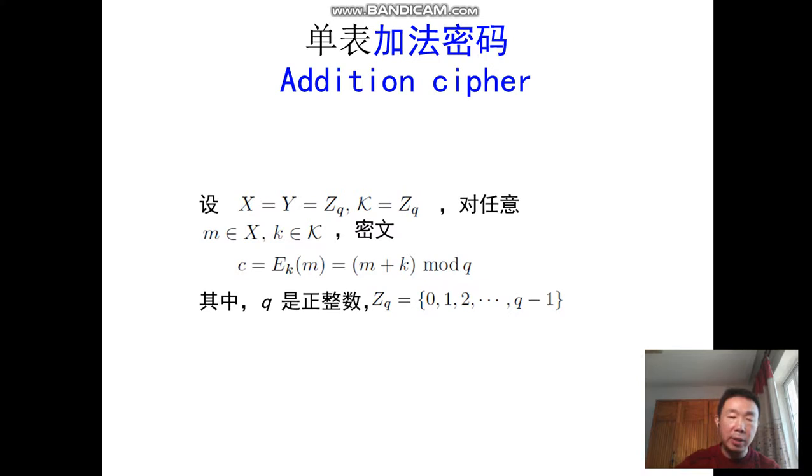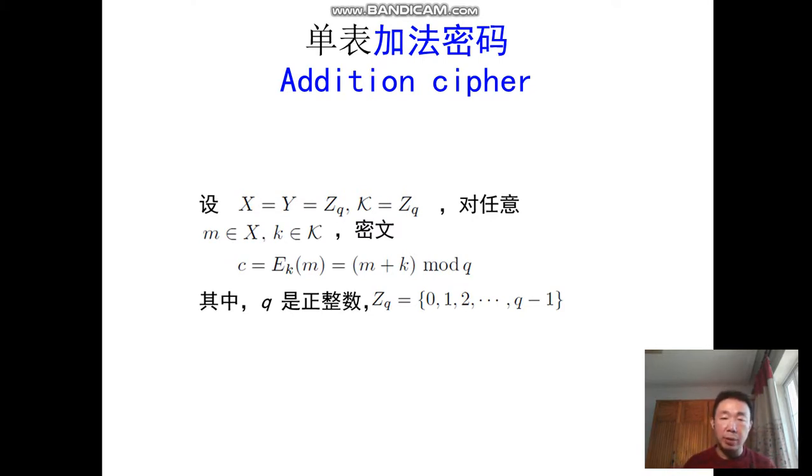But when the result is greater than 25, we must divide the result by 26 and take the remainder as the final result. So in professional mathematical terms, what is this set? Can anybody answer this question? Yes, it's a ring.